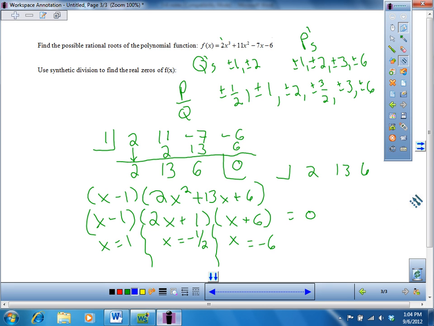Now it says sketch a graph. Doesn't it say sketch a graph of this? If I did want to sketch a graph, which I'm going to ask you to do eventually, all you have to do is, here's 1. Let's say this is your point 1. Negative 1, negative 6, let's say it's over here. And then negative 1/2 would be somewhere over here.